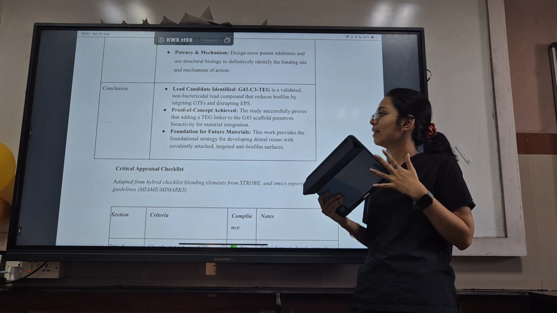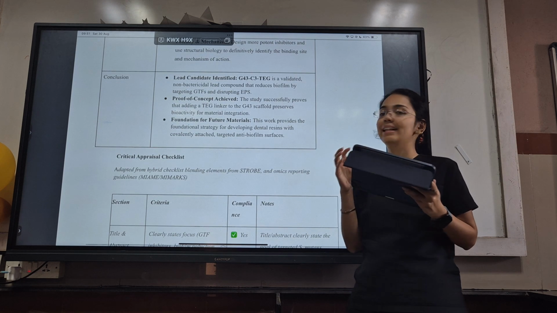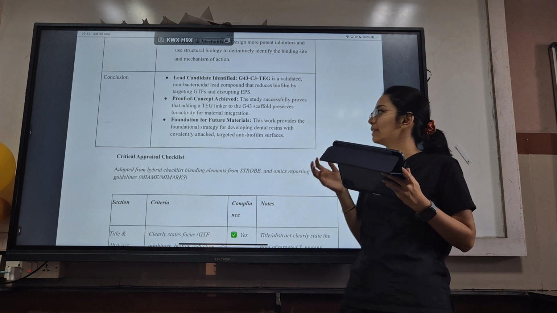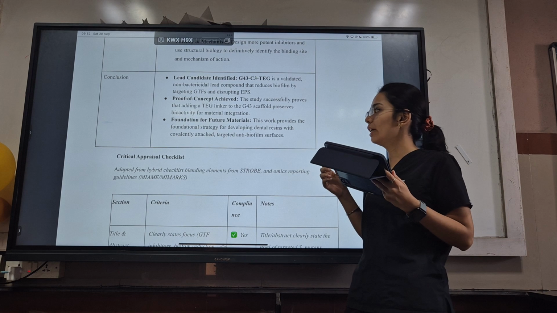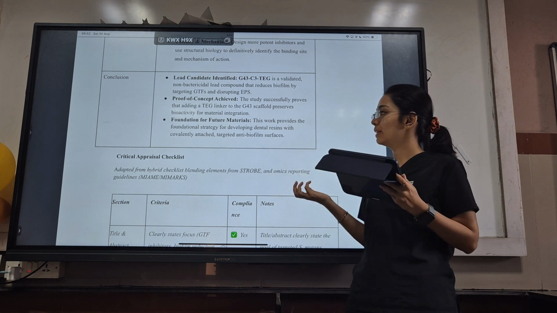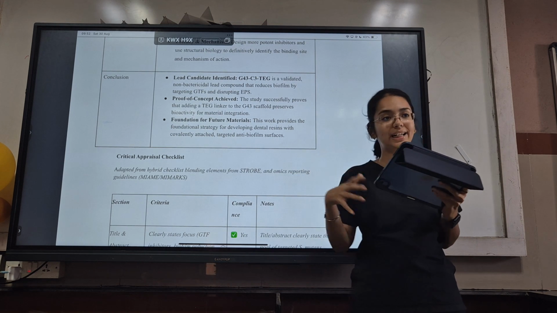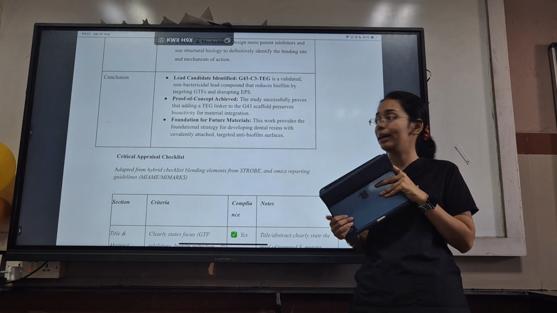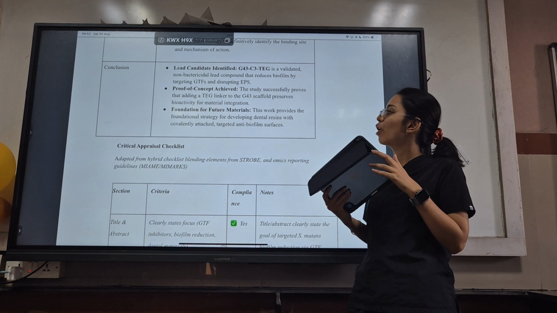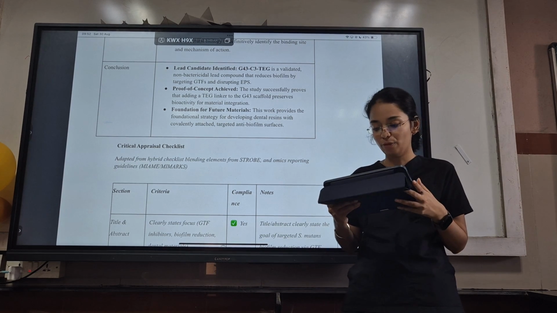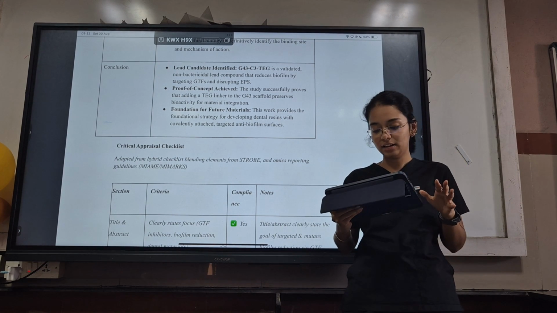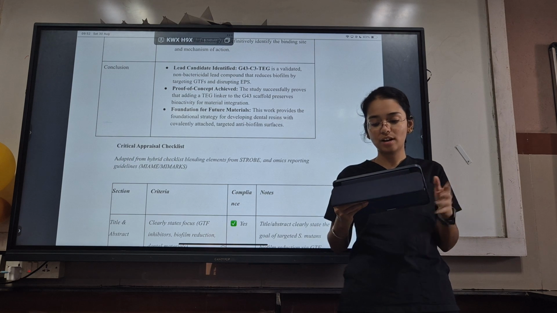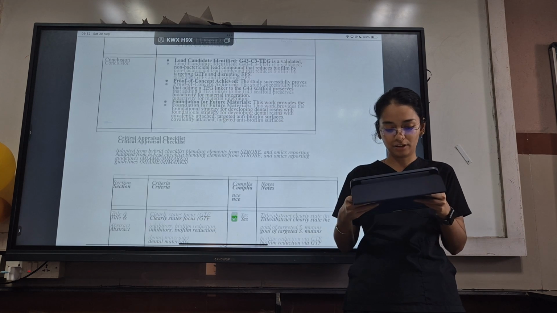So this study proved that adding a TEG linker or spacer to this G43 scaffold preserves the bioactivity for material integration. So this study has a foundation for future materials. So this provides the foundational strategy for developing dental resin with covalently attached targeted antimicrobial surfaces.